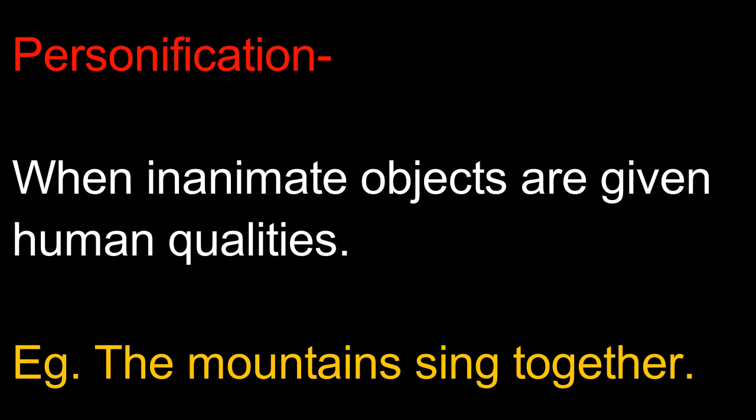Mountains and hills are considered inanimate objects, and here they are singing together. Mountains sing together, the hills rejoice, just like having their lives. So mountains and hills have been personified in this line.